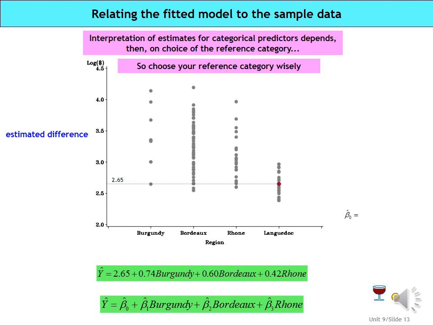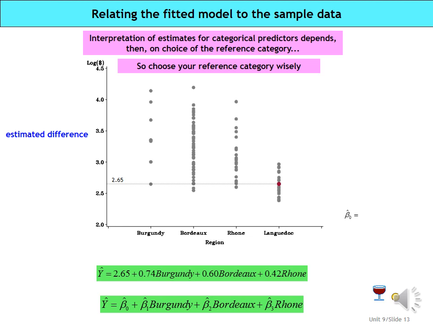So is it significant which reference category we choose? If we chose Burgundy as the reference point, it would compare Burgundy to Bordeaux, Burgundy to Rhône, and Burgundy to Languedoc.